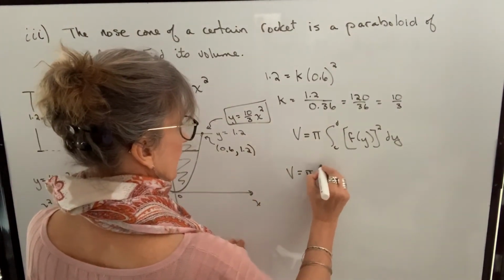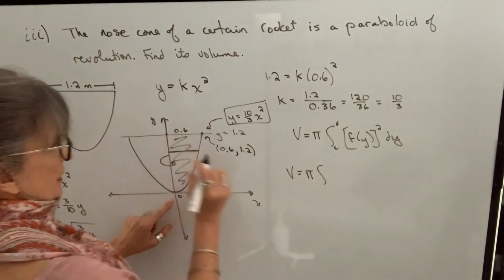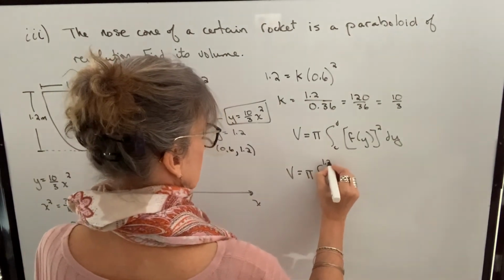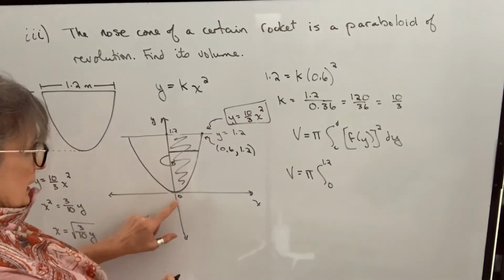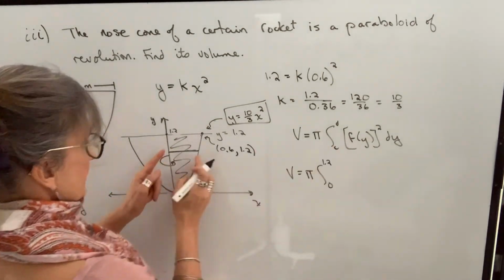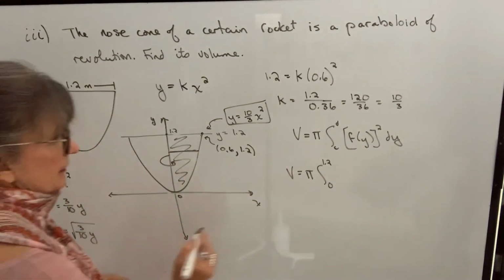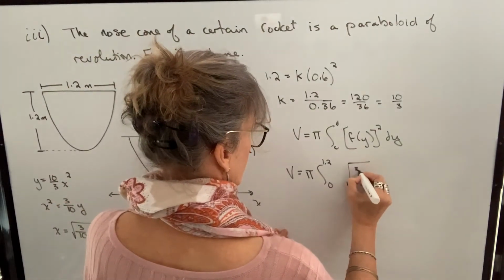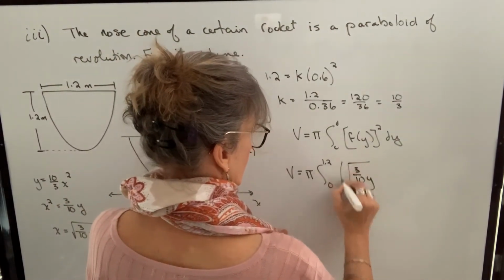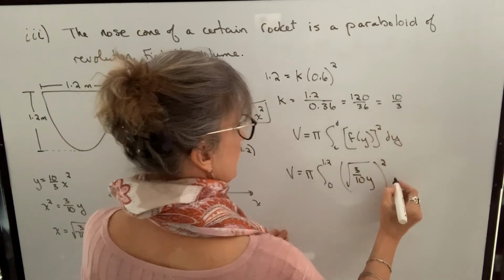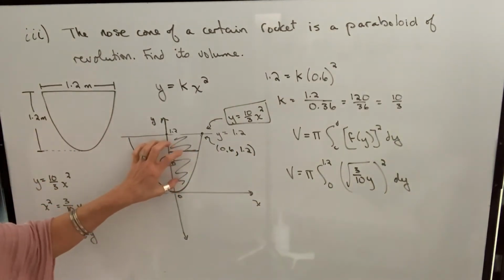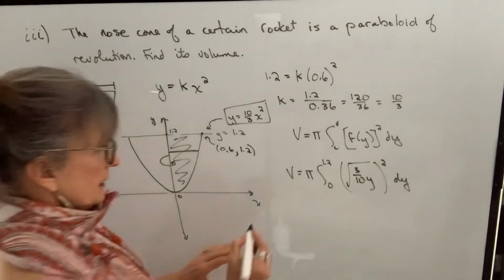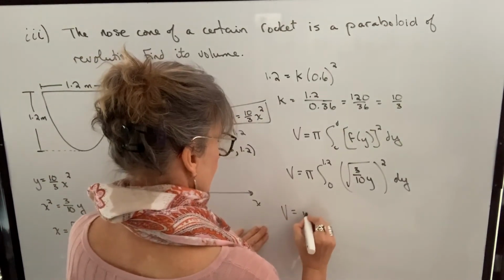It will be pi, the integral from 0 to 1.2. This y value is 1.2. And the radius is this x value, which is this, squared dy. That will give me the volume of this solid. Simplify first.